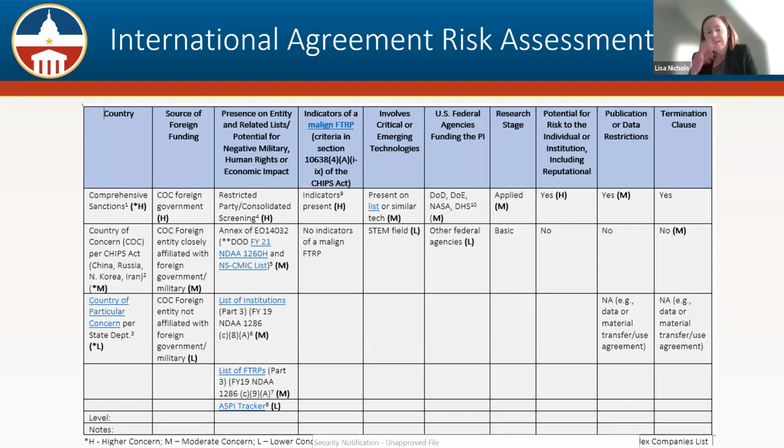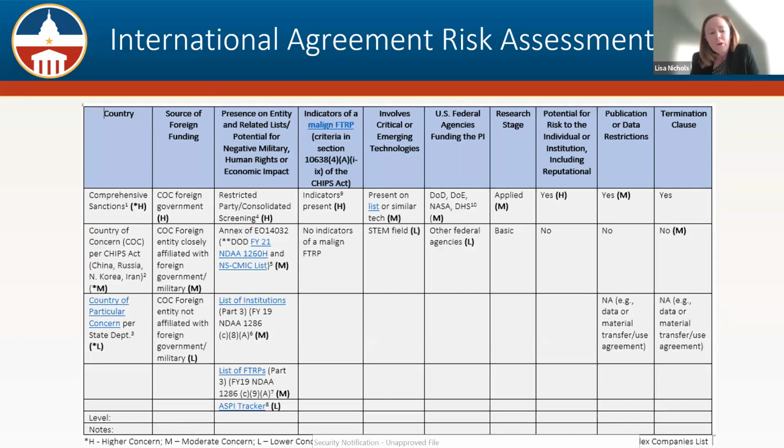And so all of this, again, the individual who'd be completing this would fill out the risk level and notes, indicating what these particulars are for each factor and essentially how that risk determination was made. And then, if a particular agreement includes a lot of higher level concerns or higher and moderate level concerns, then that's something that could potentially be escalated to the Office of General Counsel.